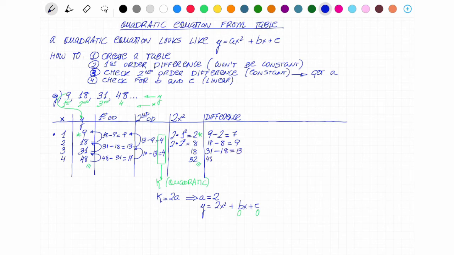And the fourth, 48 minus 32, that gives you a 16. So now this is telling you that B and C, or B or C, some of them are different than 0. But this term, it's a linear, and you know how to get a linear equation.